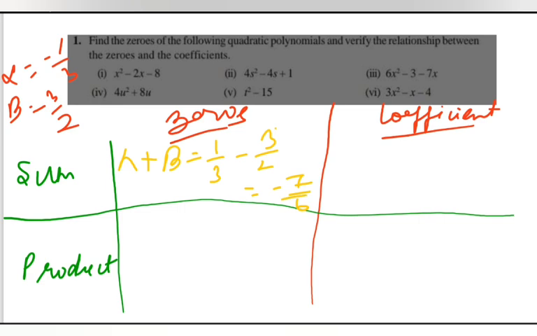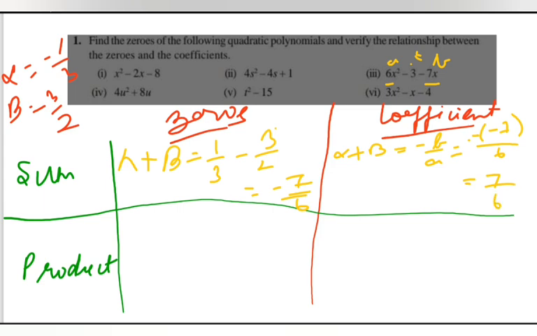So if we take for coefficients, alpha plus beta, there is a formula, right? Minus b by a. Here a, b and c, b is minus 7. So minus of minus 7 divided by a, that is 6. So minus of minus is plus, equal to 7 by 6.